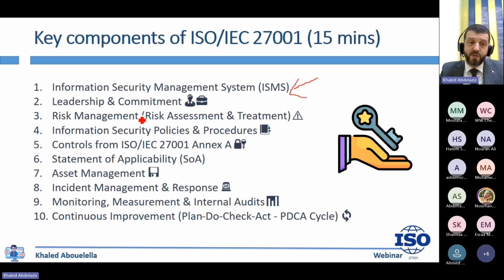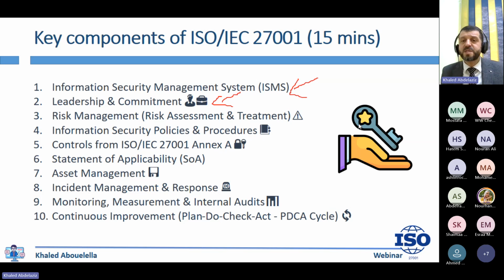The second key component here is leadership, or actually I'm talking about the top management now. The top management's commitment to support is essential for the success of any information security management system, based on ISO 27001 or any framework. Why is it essential?